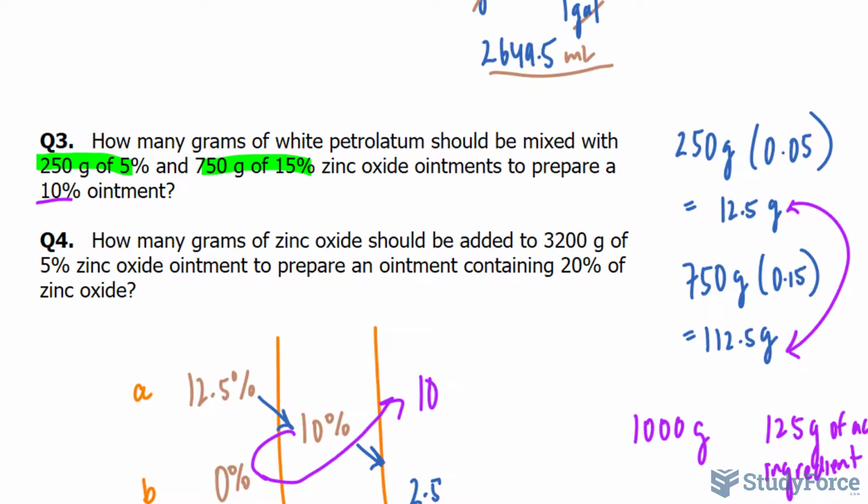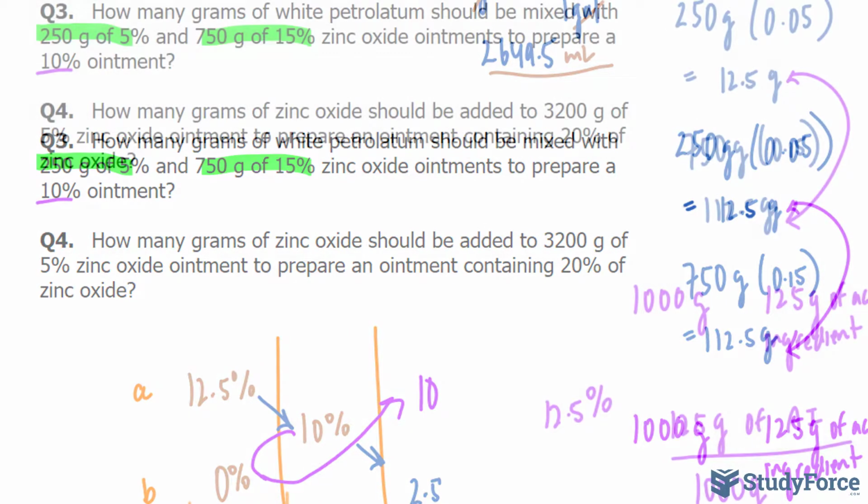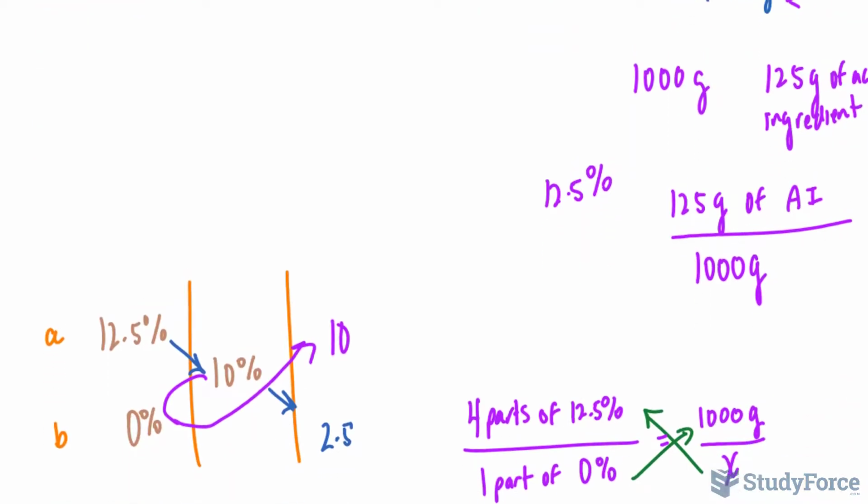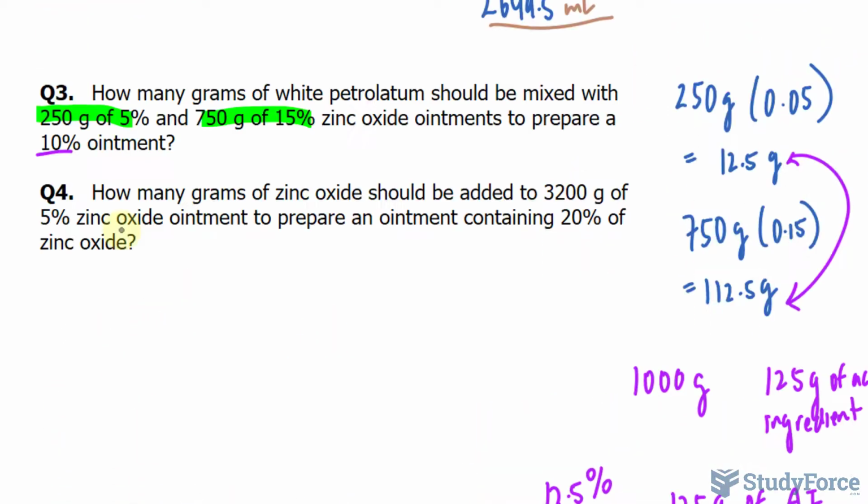In question number 4, how many grams of zinc oxide should be added to 3,200 grams of 5% zinc ointment to prepare an ointment containing 20% of zinc oxide? Now that I've made some space, we'll use the same sort of technique as before, using this chart. So we're starting with 5% zinc oxide that has this mass, and we want to create something that's stronger, that's 20%.